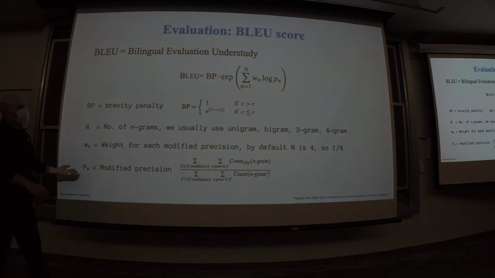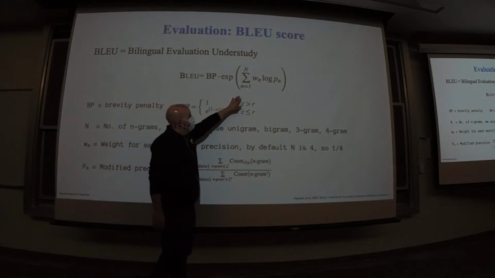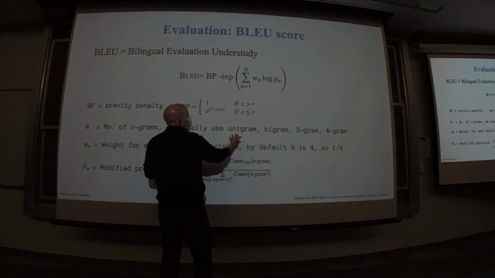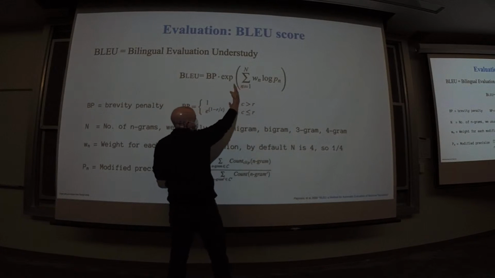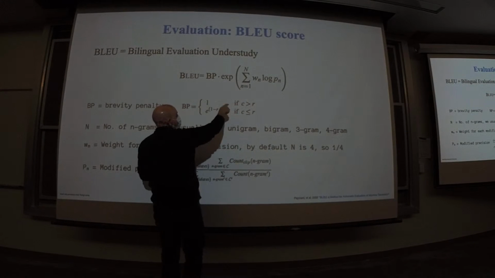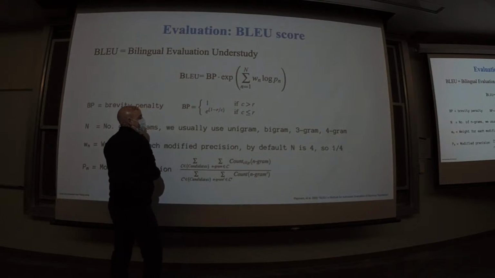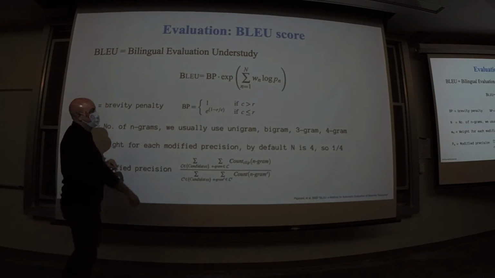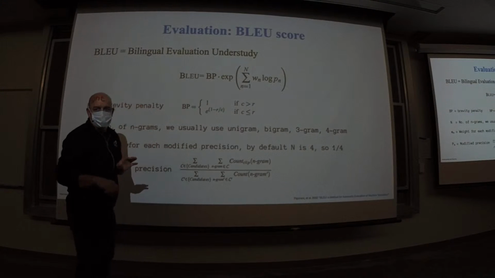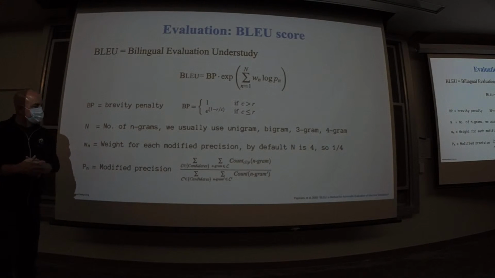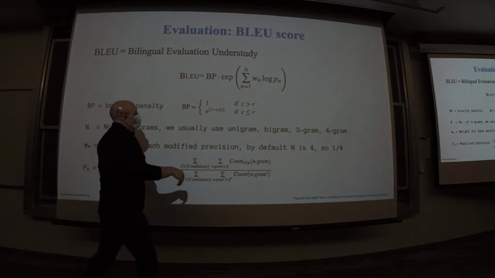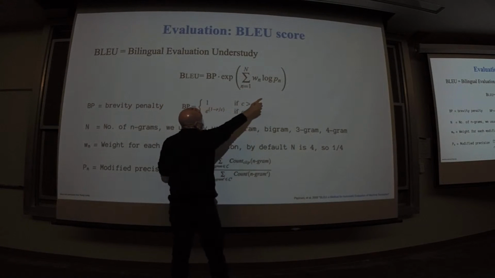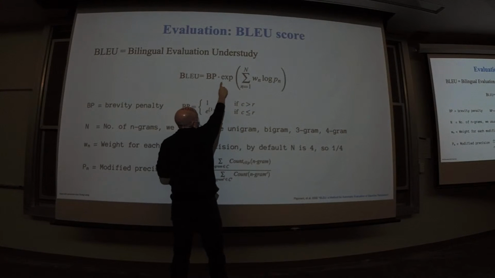So I do this for all of my 1-grams, 2-grams, 3-grams, however many grams I choose. And you can see it says in here somewhere, the default is usually 4. We usually look at this up through 4-grams. Okay, so then we take the log of that, and then we take the exponential of that.